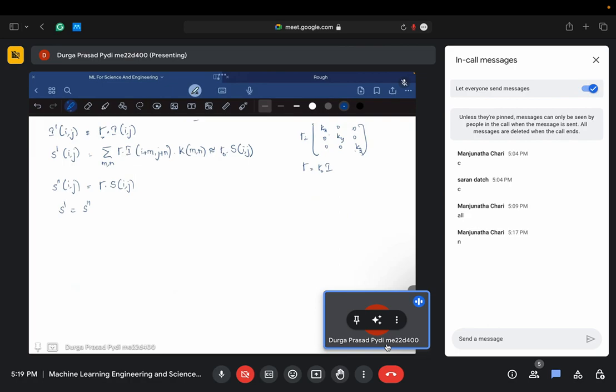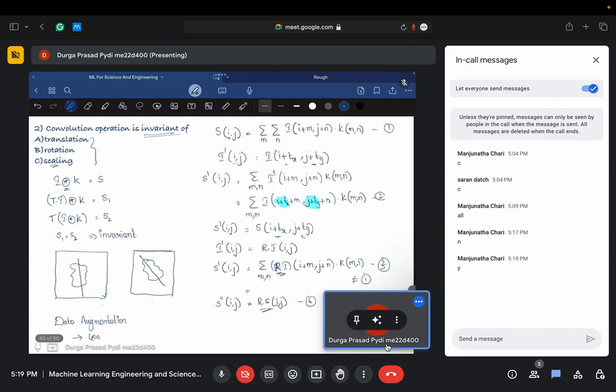So maybe S prime and S double prime may differ in magnitude, but the patterns that you get will be the same. If it is equal to gamma naught here, then I can write this directly as gamma naught times S of ij. So both of them will be equal only in the scenario where you have uniform scaling across the image, which is something you might not always come up with. So locally you can scale specific portions of the image and then do your data augmentation from that. That way you can increase your training data and then train your model from that.